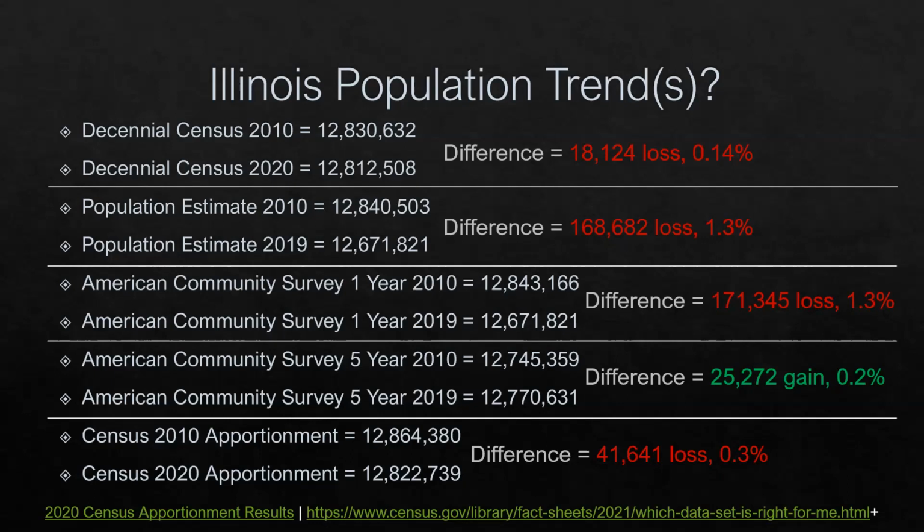But if you look at all these others, we've got population estimates, which I'm going to discuss a little bit further and show you how to access this information online. The population estimate program is from the Census Bureau as well. All of these actually are from the Census Bureau.